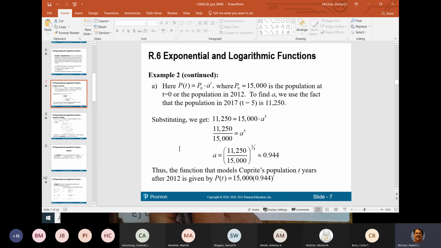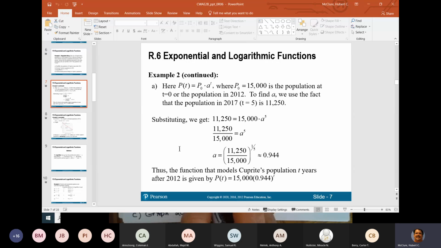So setup is going to be P of t is equal to P of 0, 15,000, times A to the t, which is going to be A to the 5. So you're going to crunch that in, and you get 11,250. 11,250 is equal to 15,000 A to the 5. You're just plugging and chugging.